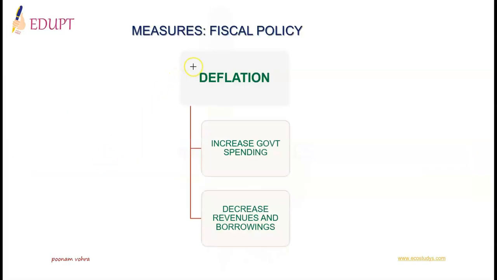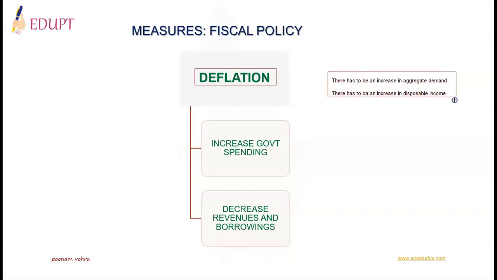In order to reduce deflation in the country, there has to be an increase in aggregate demand, which is possible only when there is an increase in the disposable income of the consumers. So there has to be an increase in money supply, which is possible only when government increases its investment expenditure.